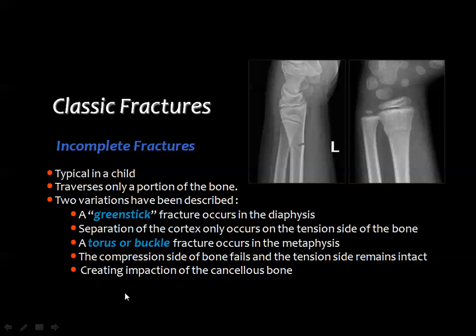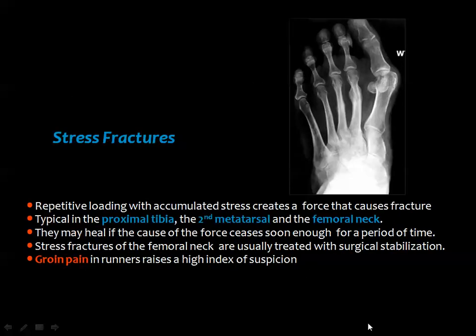The torus or buckle fracture, which usually occurs in the metaphysis due to axial load with axial compression, resulting in this appearance. And there is impaction of the cancellous bone, but you cannot actually identify a specific fracture line. The combination of both types may occur in a single patient.